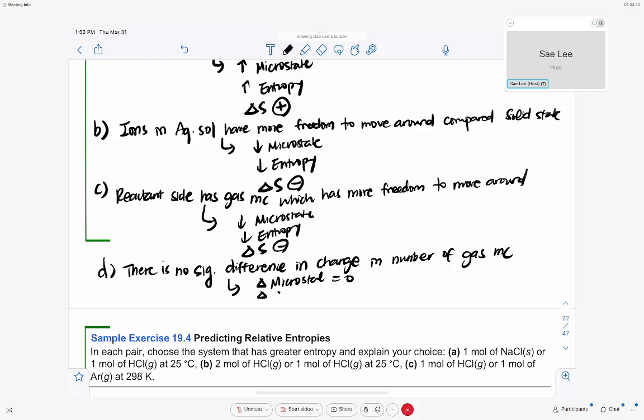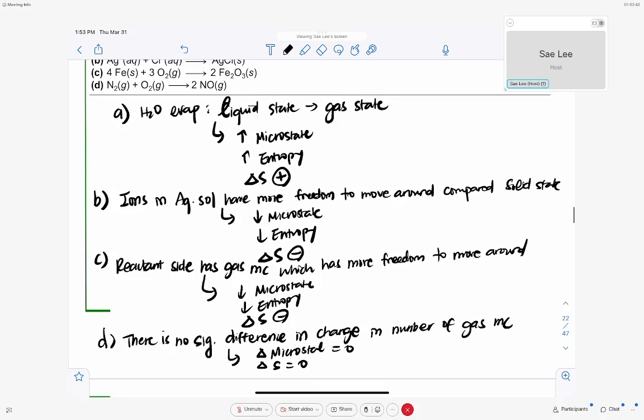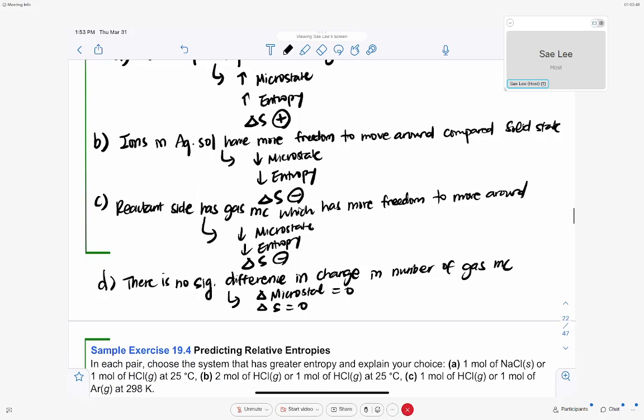The change in entropy is probably close to 0. There's not much change in entropy, so therefore delta S is going to be close to 0.